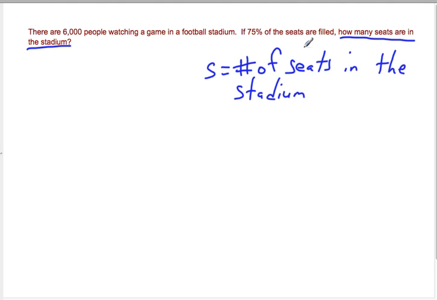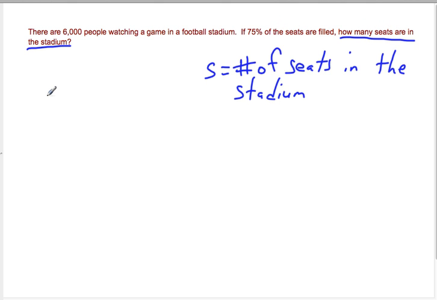Now let's go about translating our equation. So there are 6,000 people watching a game in a football stadium. So they are the people sitting in the seats, filling the seats, right? So if 75% of the seats are filled, how many seats are in the stadium?